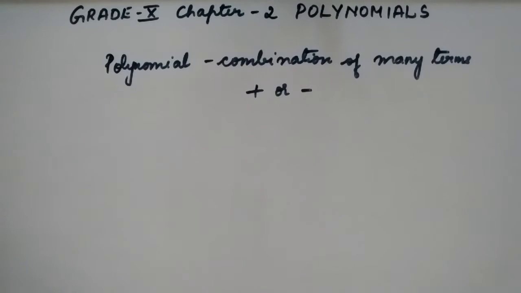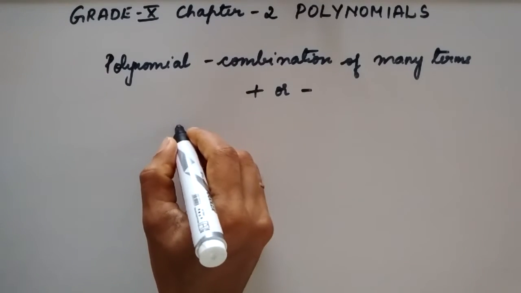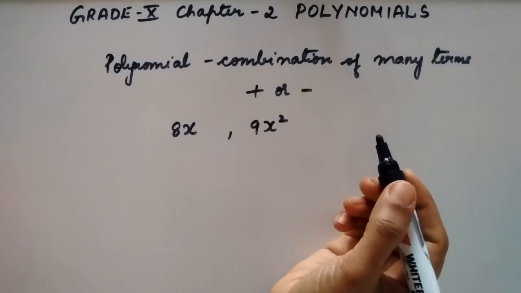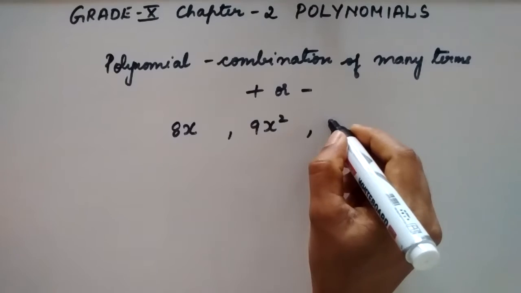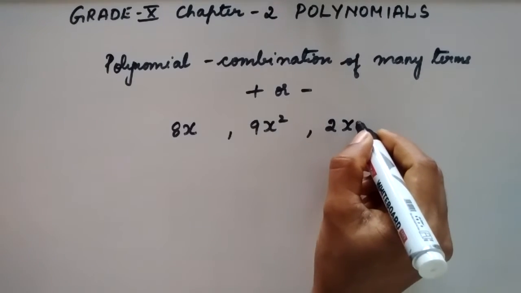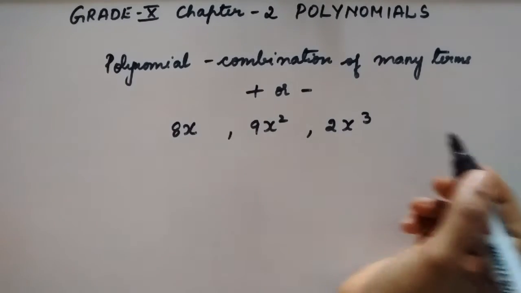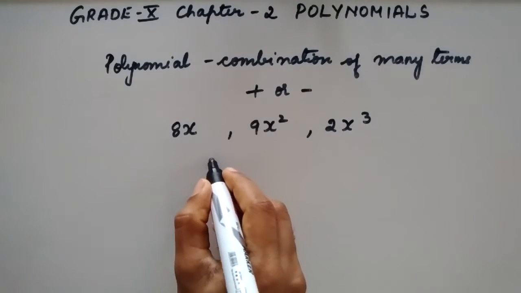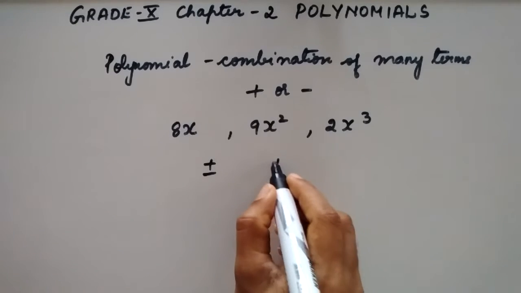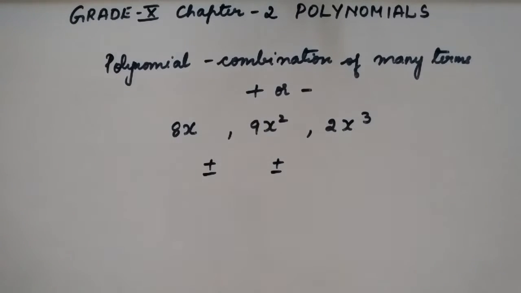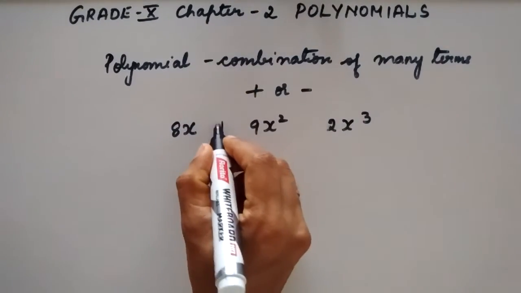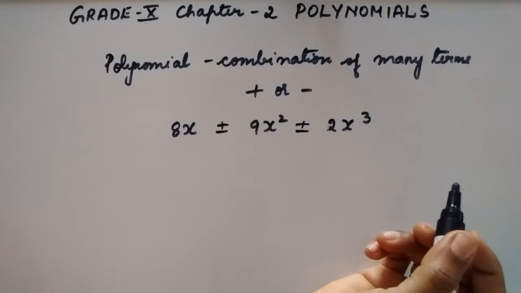For example, if I have three terms, that is 8x, 9x squared, 2x cubed, these terms are connected with either plus or minus signs.